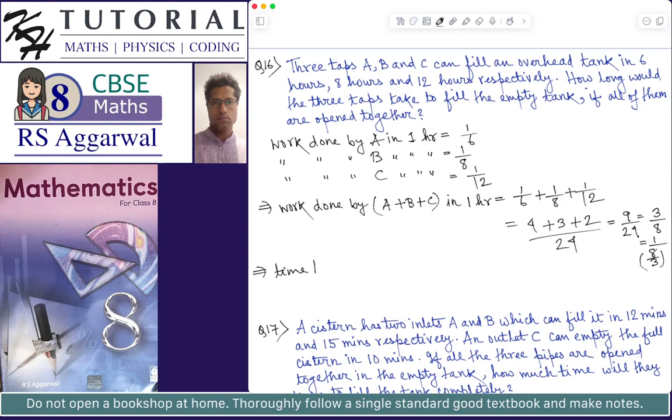So now we can say time taken by A plus B plus C to completely fill the empty tank will be equal to 8 by 3 hours.